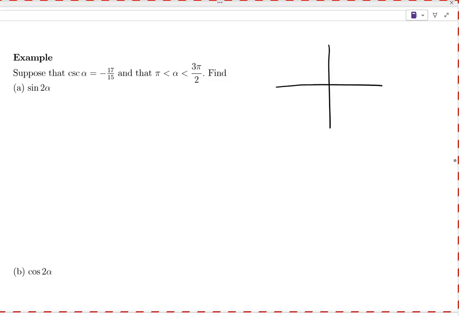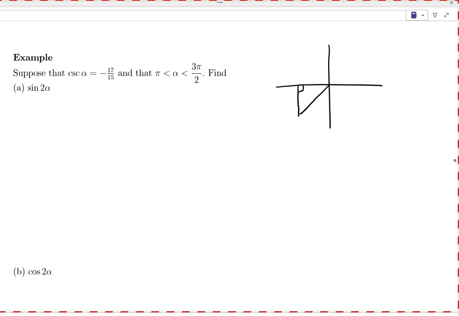What quadrant am I going to draw my reference triangle in? With the given information, what quadrant are we going to draw the triangle in? Third. The third? Good. Because it says the angle is in between pi and 3 pi over 2, so we're talking about quadrant 3.